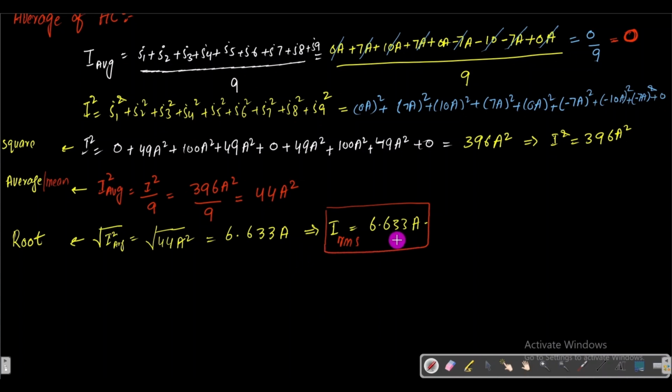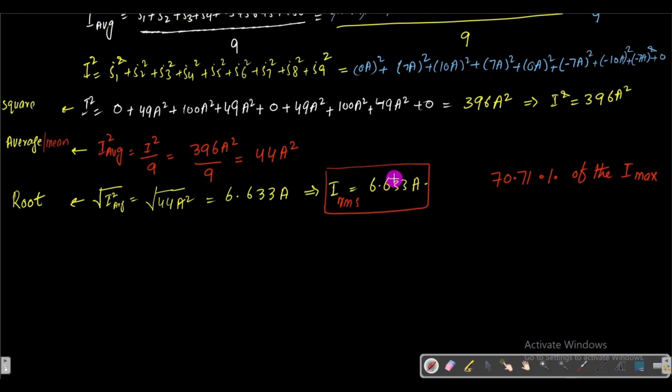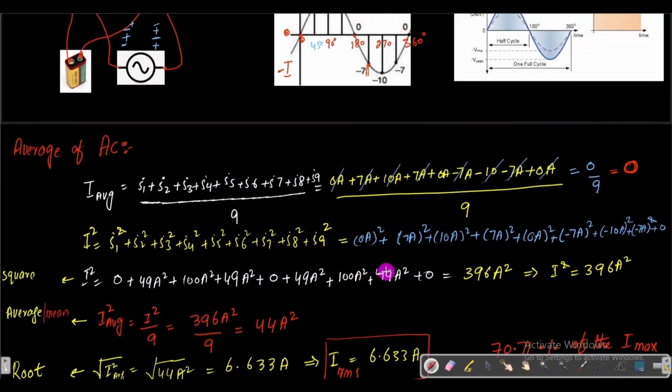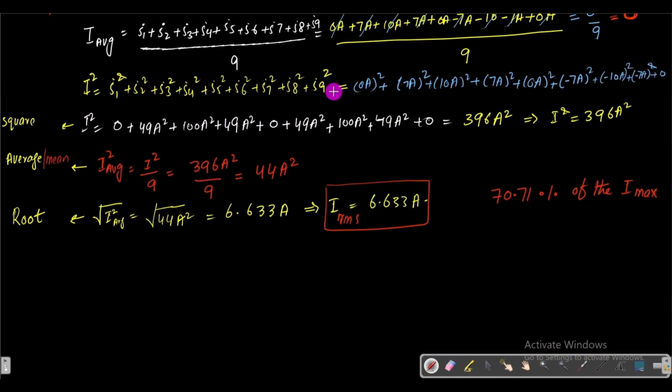And this value is actually 70.71% of the I maximum. This 6.63 is actually 70% of that maximum current, which is 10 ampere.